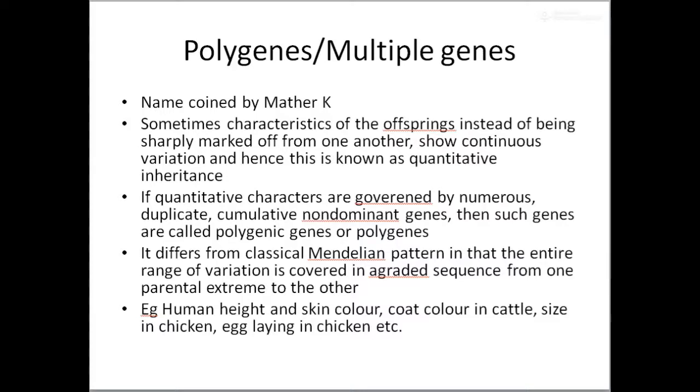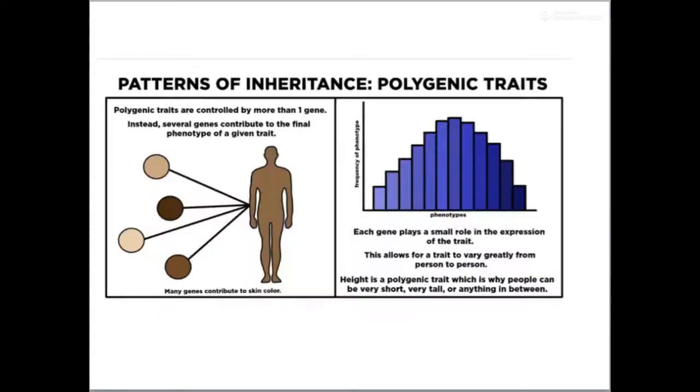Or if you consider the coat color in the case of cattle, or the size in chicken, or egg laying in chicken, these are all examples of polygenes which code for quantitative characters. These polygenic traits are usually controlled by more than one particular gene.